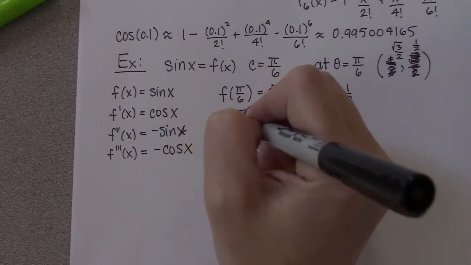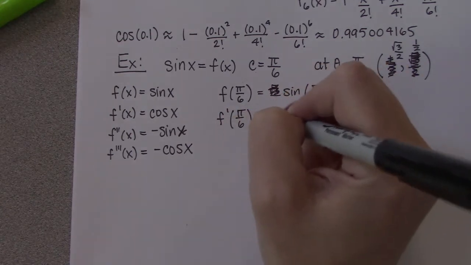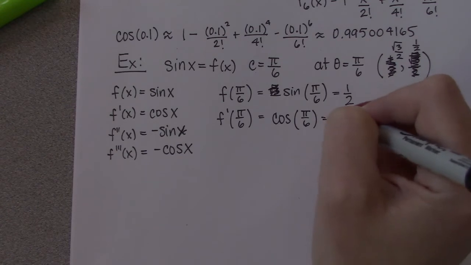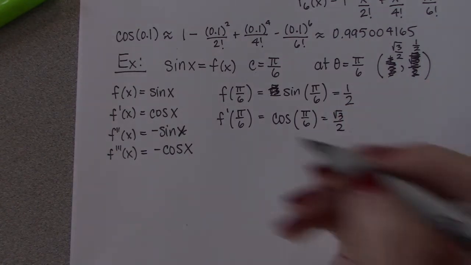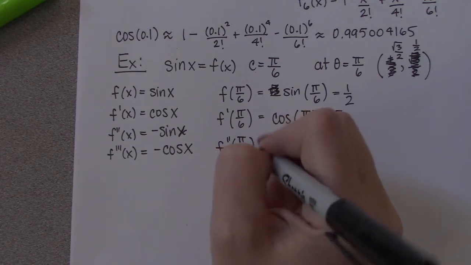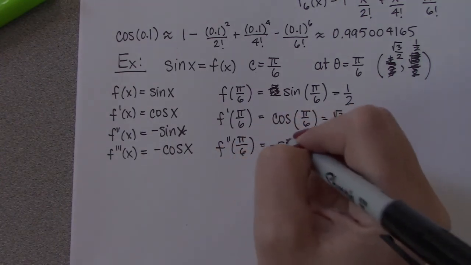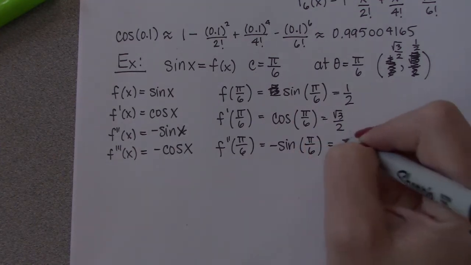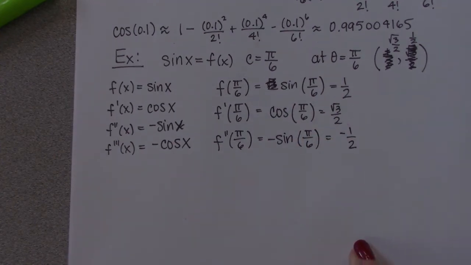F prime of pi over 6 is cosine pi over 6, and that's square root of 3 over 2. The second derivative at pi over 6 is negative sine pi over 6, so that's going to be negative 1/2.